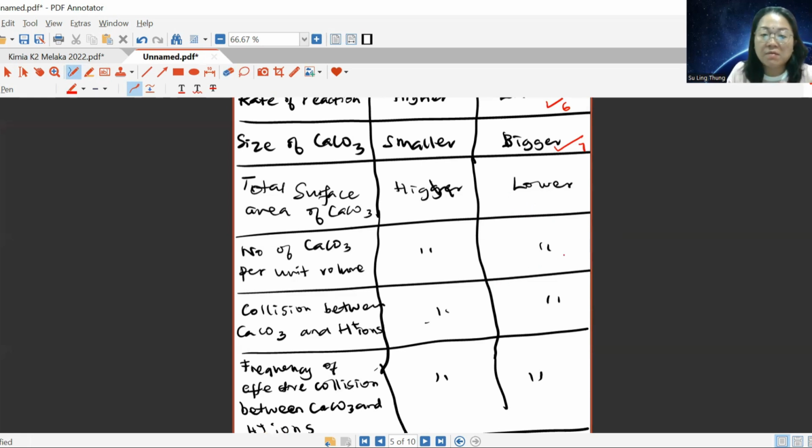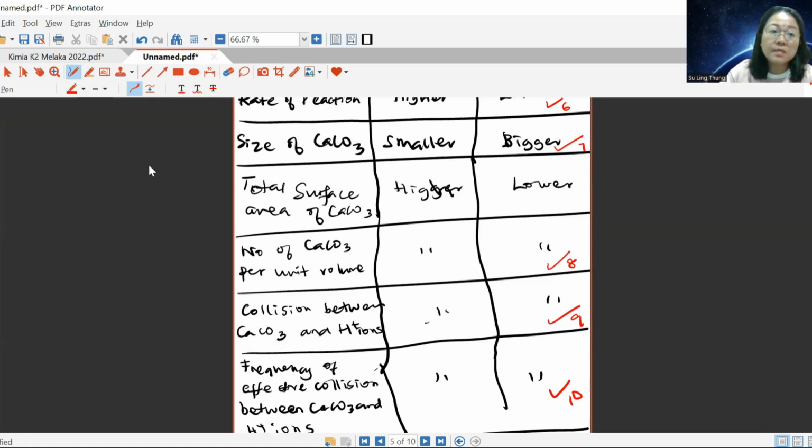And then number of CaCO3 per unit volume and the collision, and as a result the frequency of effective collision. Then again I add in total surface area to be more on the safe side, in case it tops up any parts, maybe it will be changed to another part. We never know. So in order to play it safe, we always put in as much detail as possible that we know regarding this particular factor.